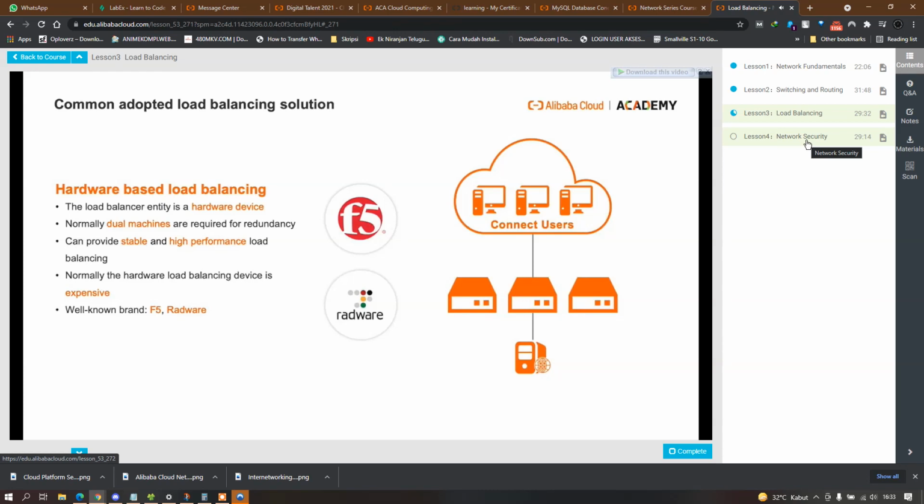We have said that it provides stable and high performance, so most of the time hardware load balancing uses special or dedicated industry-level hardware. So it is expensive. For hardware load balancing solutions, there are some well-known brands like F5 and Radware. So this is the hardware-based load balancing solution.